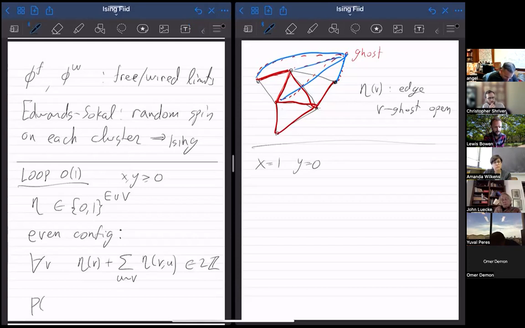The probability of a configuration eta, we say we want this to be proportional on a finite graph to x to the number of open edges, and y to the number of open vertices, and we have the indicator that eta is even.